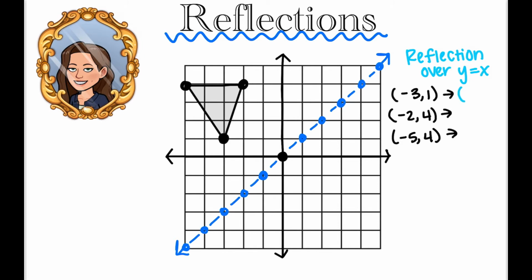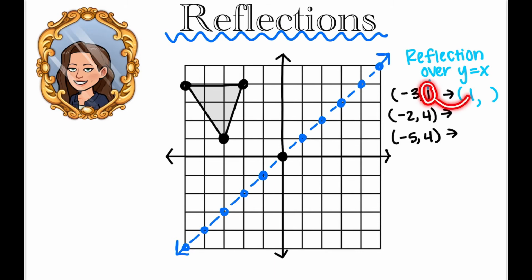In other words, if you're reflecting over the line y equals x, then the y value that you started with, so if y is equal to x, then y in your original point becomes your x value in the new point.